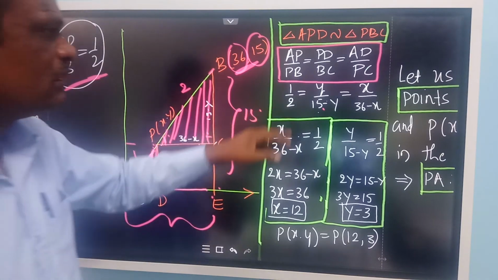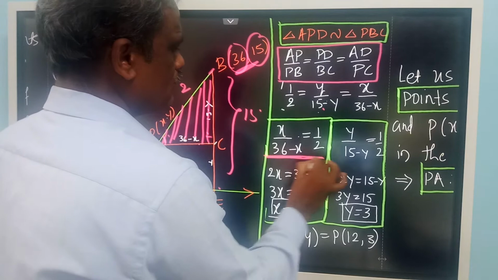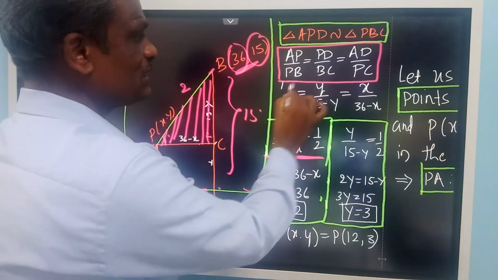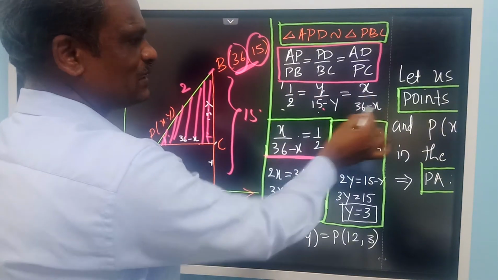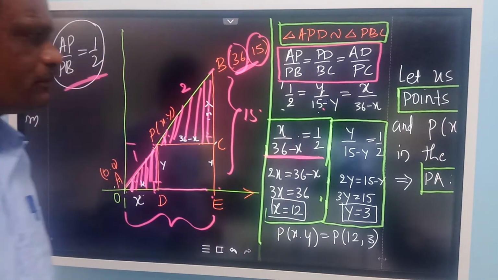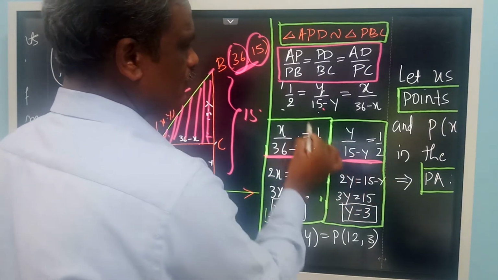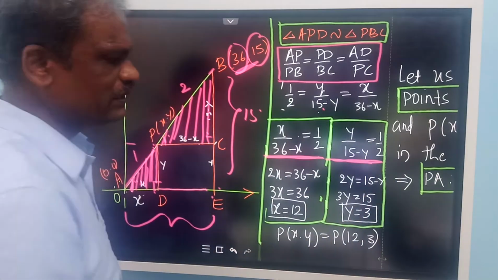Once you substitute, you get these two. You will get the first and second, or first and last. x by 36 minus x is equal to 1 by 2. Simplify, you will get 12. Equate the first and second, you will get the y value as 3.